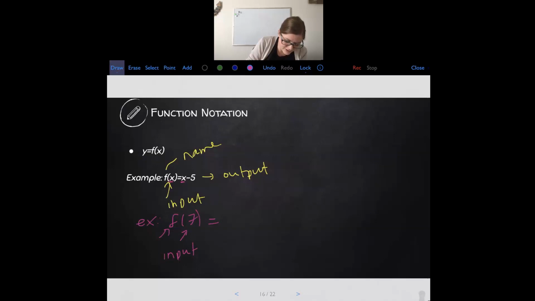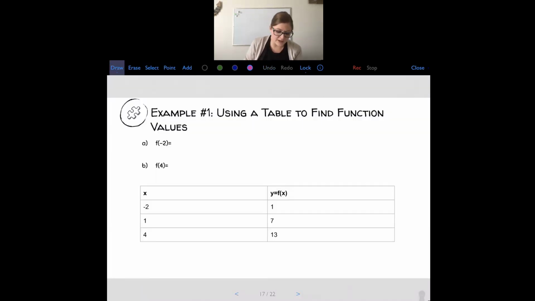Notice this is a function of x, and x is our variable, so that's what we are going to put in as our input. So we have 7 minus 5 equals 2, and here is our output. So what we found is that for this function, f of 7 equals 2. This was our input, this was our output.